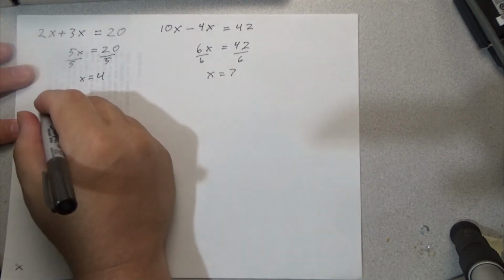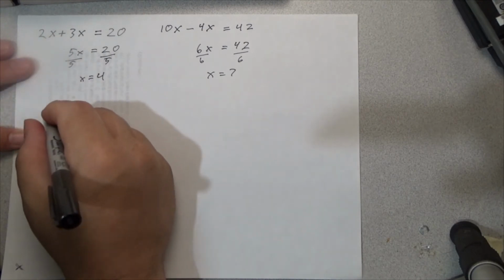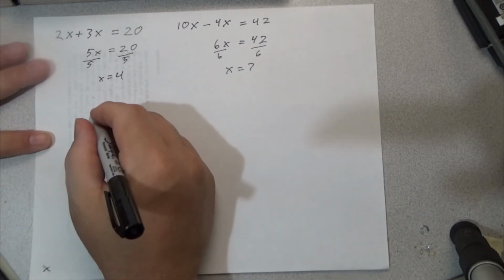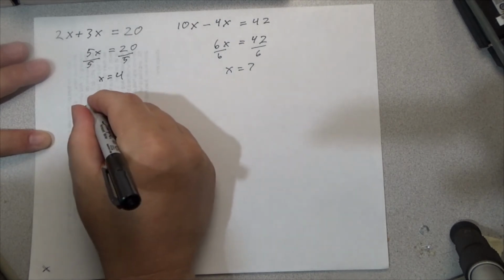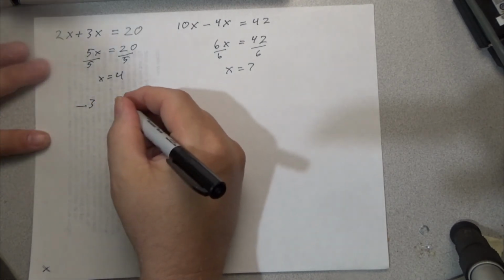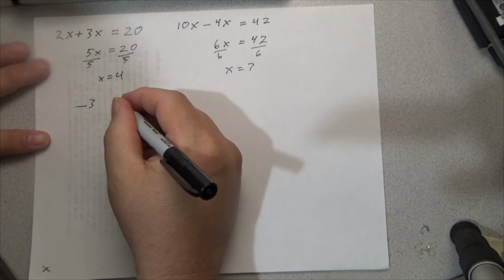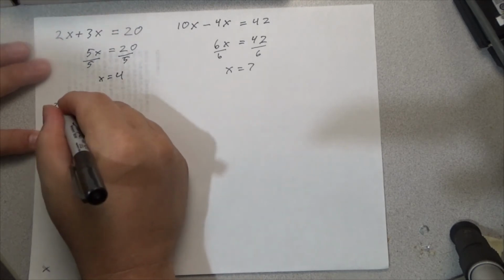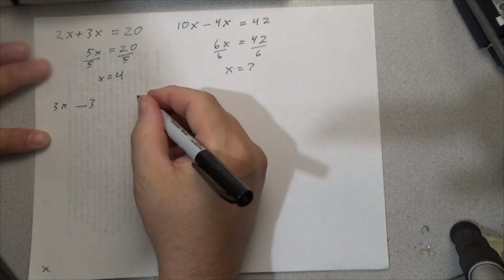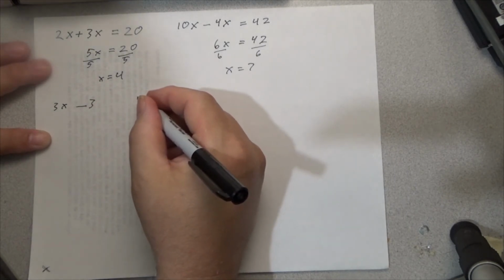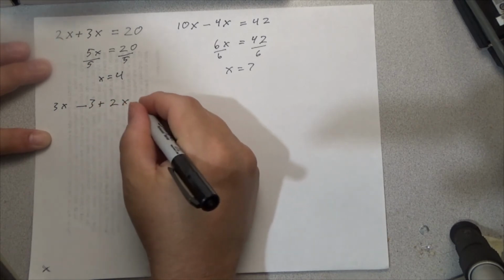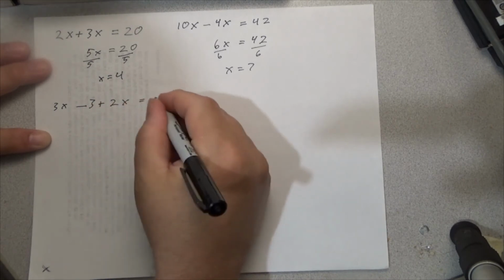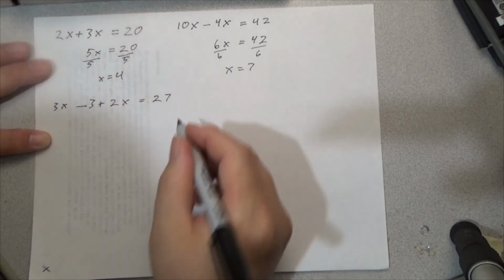So 3 subtracted from, I don't know what, at the moment I don't know what 3 is being subtracted from, so I'm just going to give some space there, subtract 3. 3 subtracted from 3 times a number, so 3x, plus twice the number, plus 2 times that same number, is equal to 27.